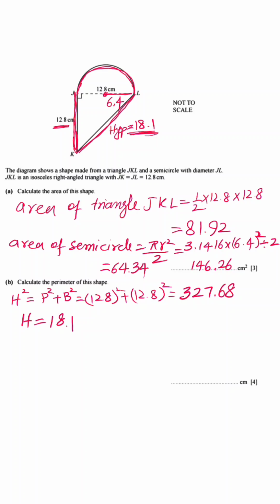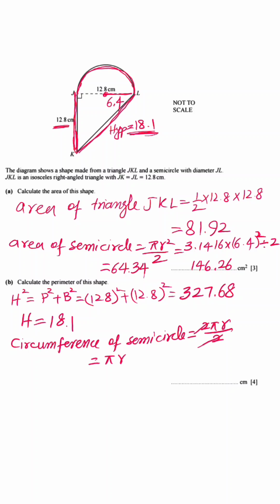Now we calculate circumference of semicircle. Circle circumference is 2 pi r. For semicircle we divide by 2, so pi r is the value. Pi r means 3.1416 multiplied by radius 6.4.